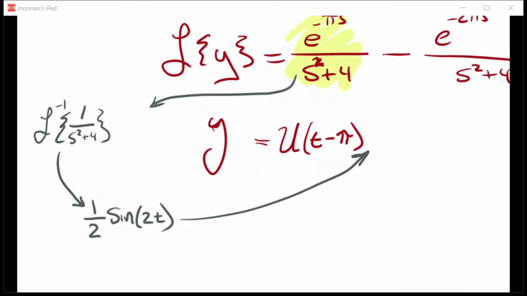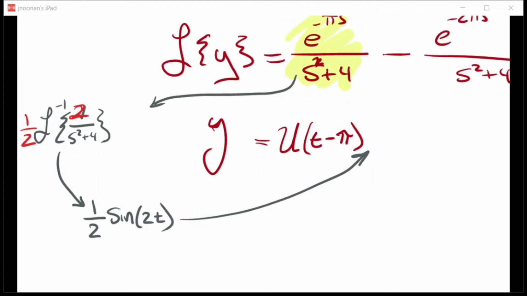When you look at the table, you're like, hey, wait a sec, what I really want is to have a 2 up here, not a 1. Well, if you put a 2 up there, you have to balance that with a 2 somewhere, so it goes in the denominator. So that'll be there, and then we'll do the 1/2. And so it's 1/2 times sine of 2t.